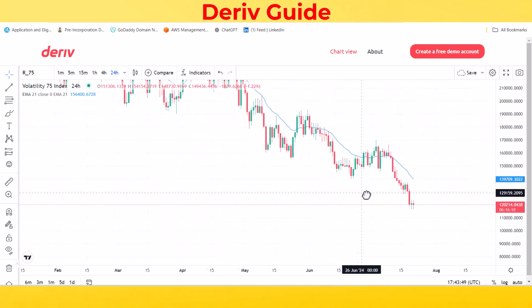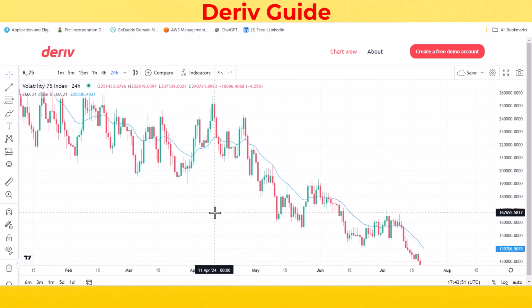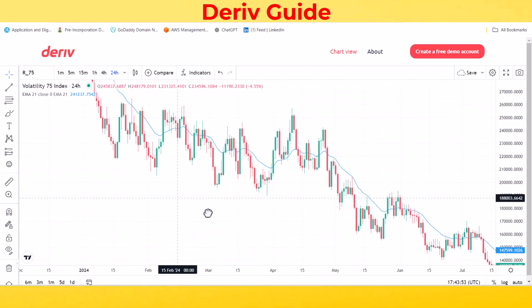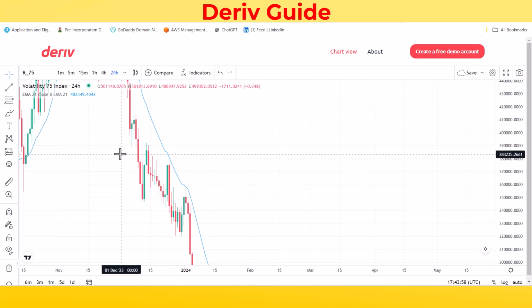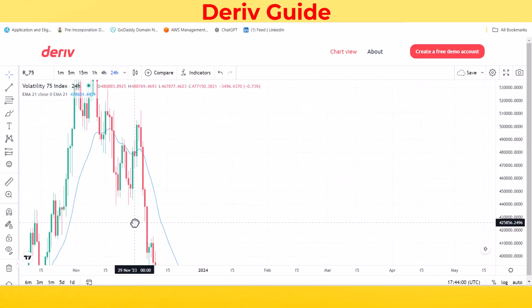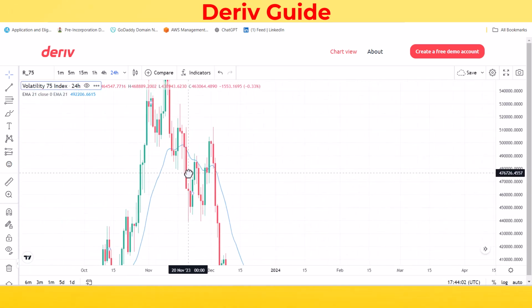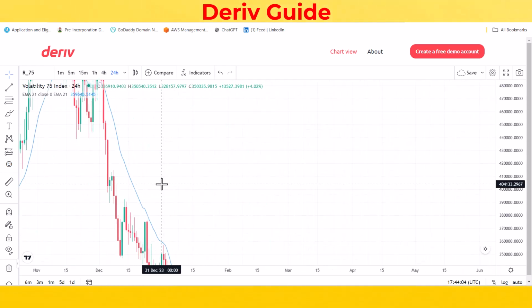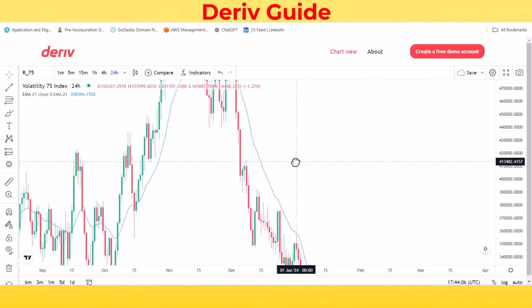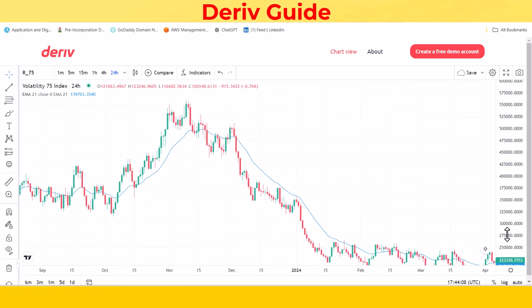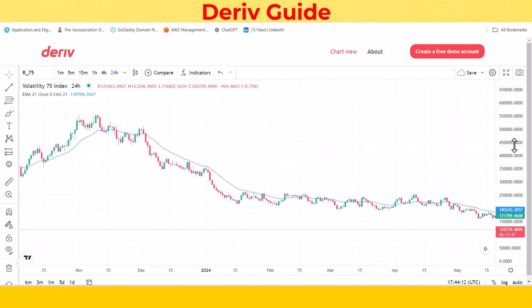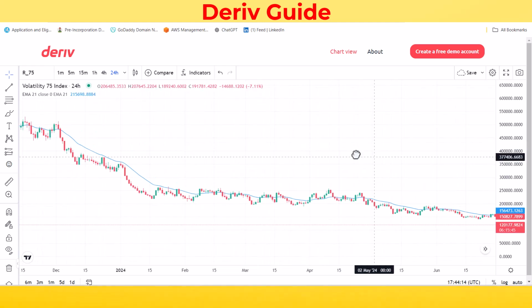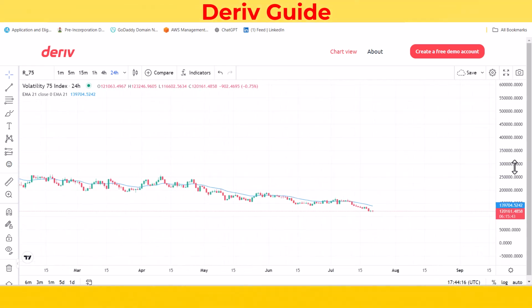Okay. Now, the function of the moving average for me is it tells me the average direction of the market. So sometimes the moving average serves as the floor or the roof of the market movement.